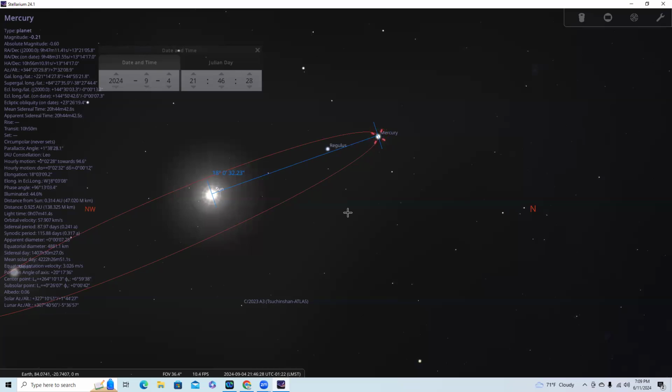For Mercury, that's not the case because, as you know, Mercury has the most elliptical orbit among the terrestrial planets. Between Mercury, Venus, the Earth, and Mars, Mercury has the highest eccentricity, which explains why the elongations are quite different.